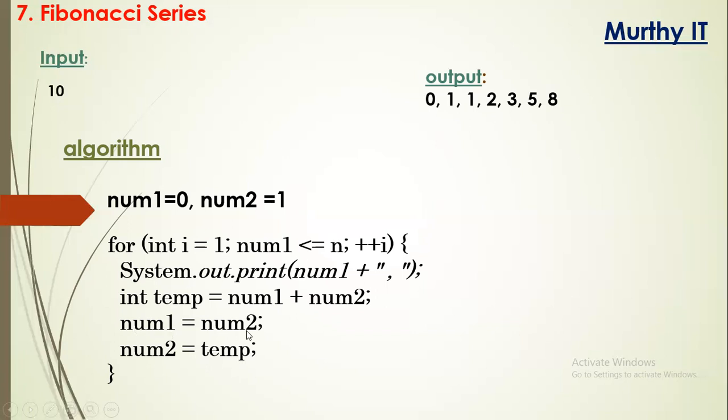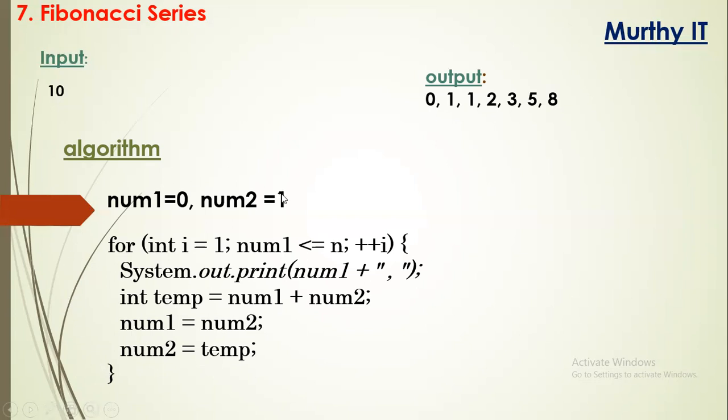Number 1 equal to number 2, so the 1 in number 2 is stored in number 1. Now number 2 equal to temp, so the 2 in temp is stored in number 2. By the end of the second iteration, temp is 2, number 1 is 1, and number 2 is 2.